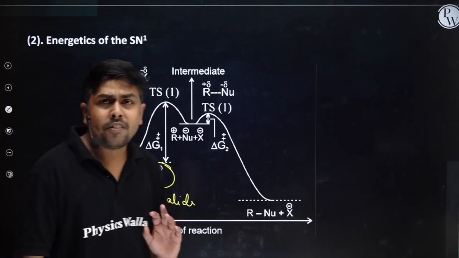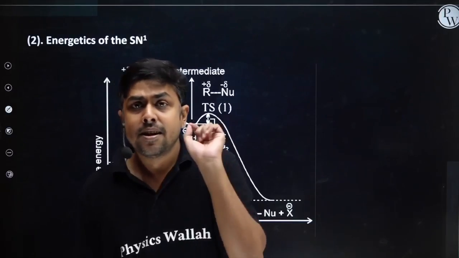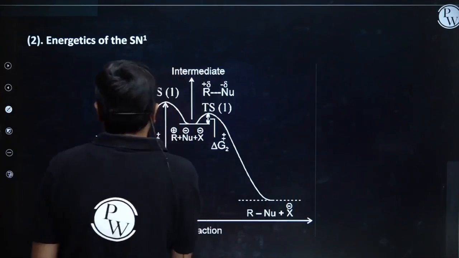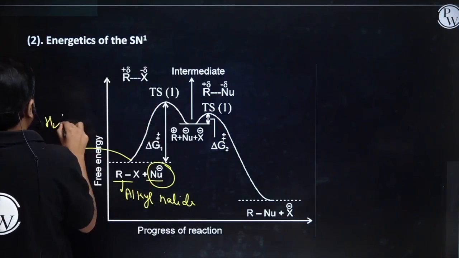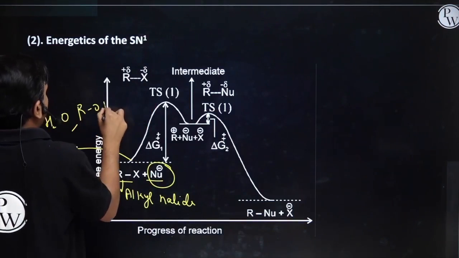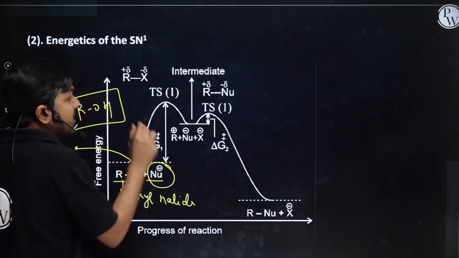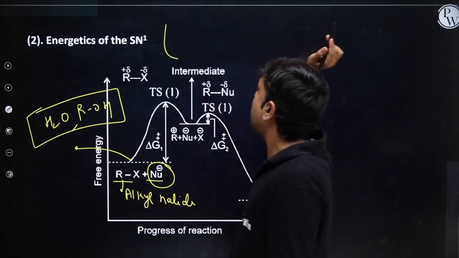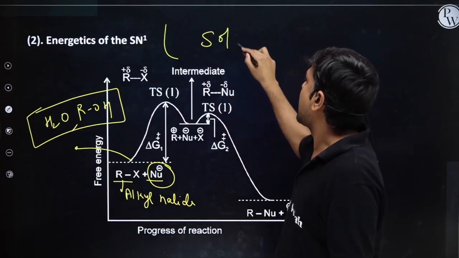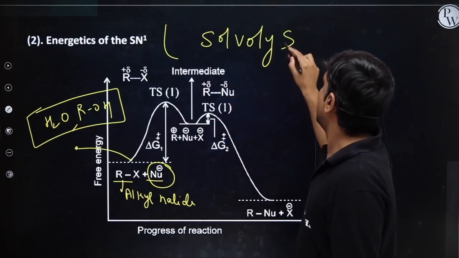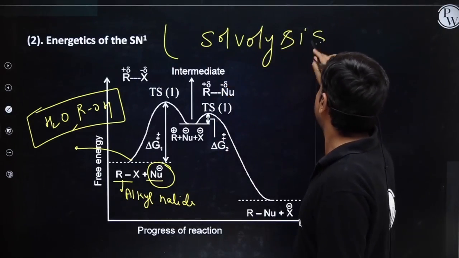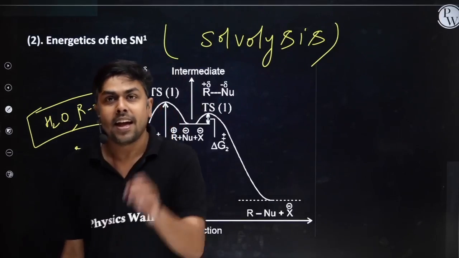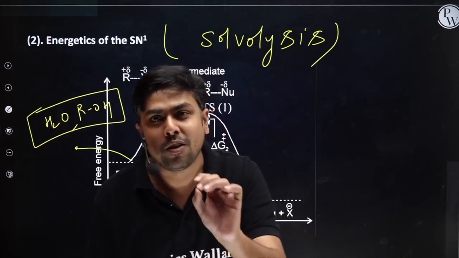In the first step, this alkyl halide simply gets ionized in the presence of polar protic solvent, mainly H2O, ROH, any protic solvent. Since the reaction is initiated by a solvent, SN1 reaction is also referred as solvolysis reaction. Am I clear? Initiated by a solvent, that's why SN1 reaction is referred as solvolysis.